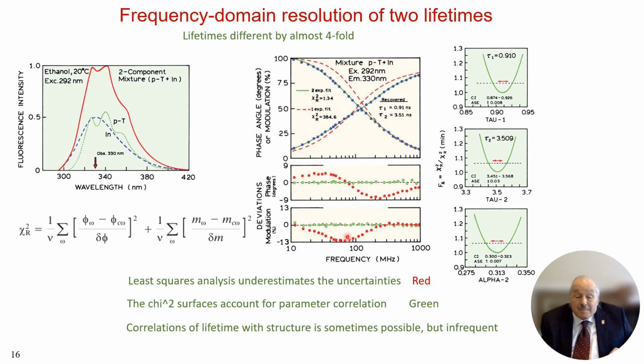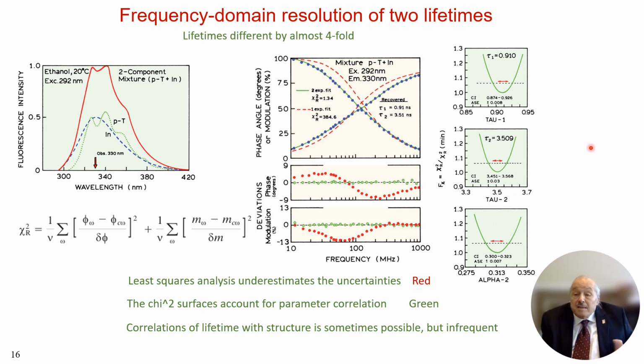Remember I said last time it doesn't exclude a triple exponential model, but the data are consistent with the double exponential model. And so that's what we accept. I wanted to remind you once again that when you do these analyses, the computer program is going to print out an uncertainty value for the lifetimes and the amplitudes.